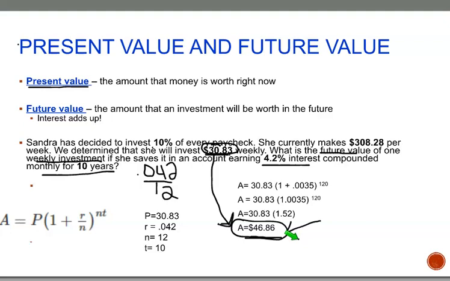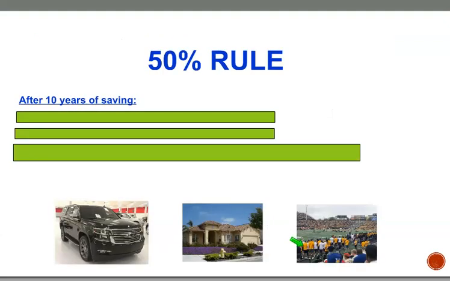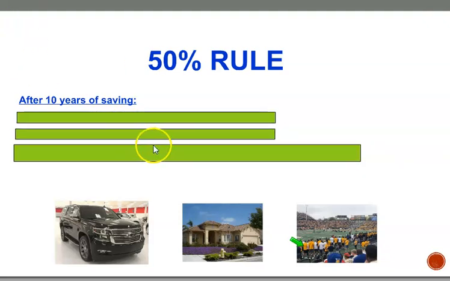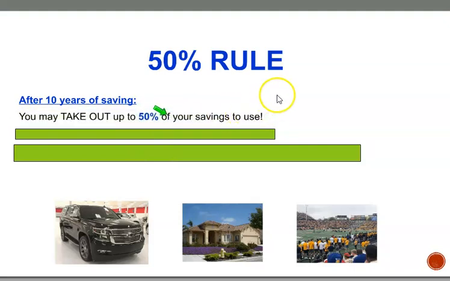This is similar to a quiz question. So the 50% rule, this is something new and very neat. You've now saved for 10 years. You took that $30.83 and you invested it. There's a 50% rule, it's just a recommendation, that allows you to take money out of that account.